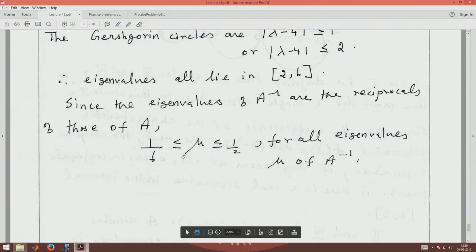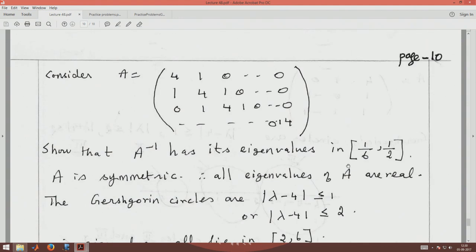So, the conclusion is that all the eigenvalues mu of A inverse lie in the interval 1 by 6 to 1 by 2, and that is what we are asked to show, right.